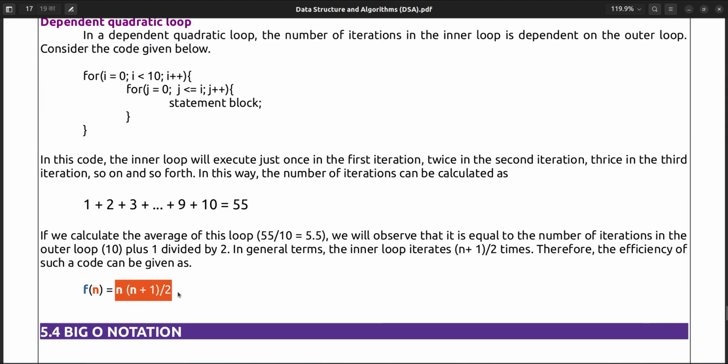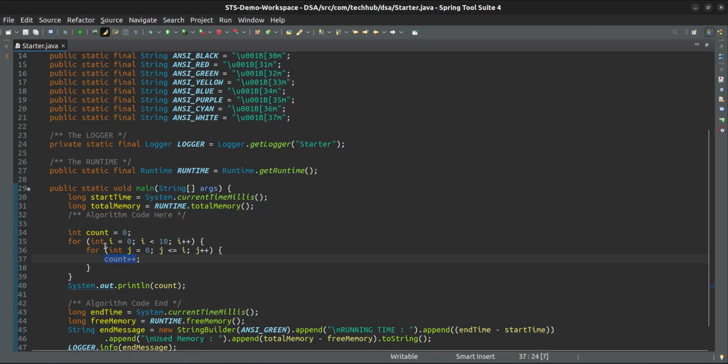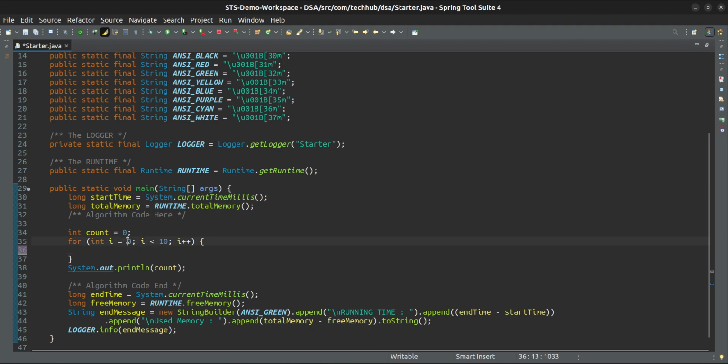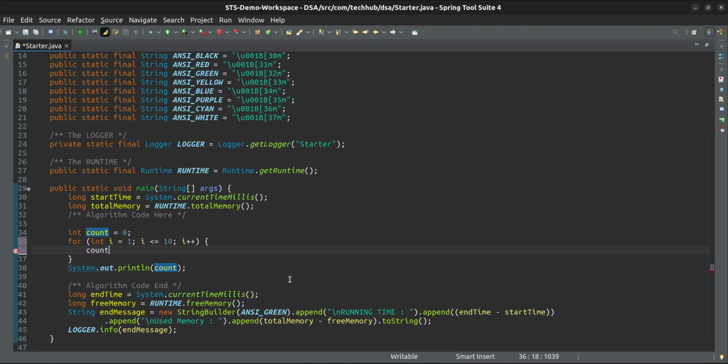If I say, okay, what will be the sum of the first 10 natural numbers, how will you do it? Suppose i is equal to 1, i less than or equal to 10, and i plus plus, and here is the count, inside I am counting the sum. So count plus equals i.